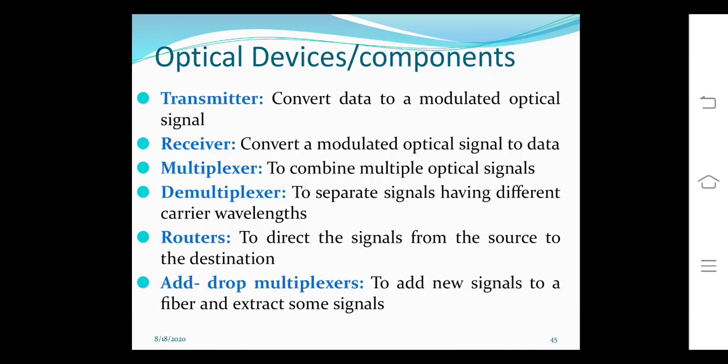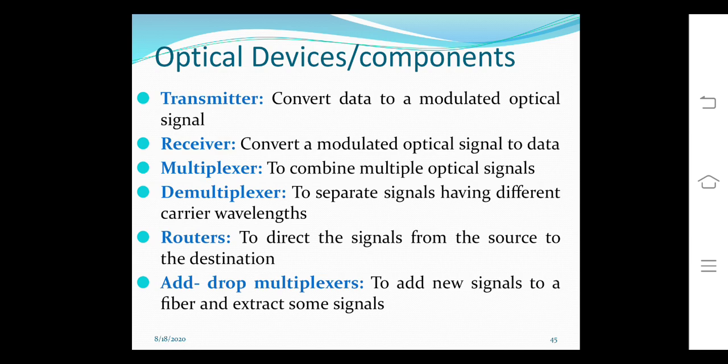Coming to the optical devices or components. Regarding the transmitter, a transmitter is present which will convert the data into a modulated optical signal, and a receiver which converts a modulated optical signal to data.